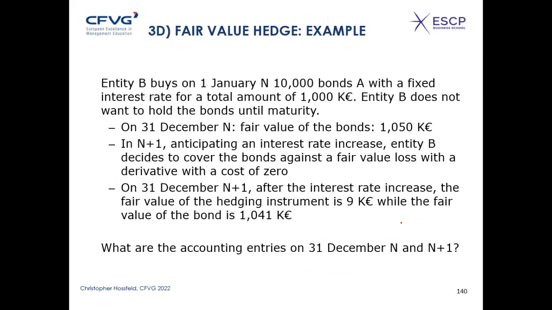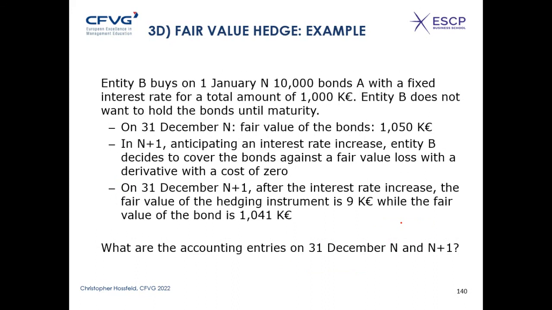So here we don't specify which derivative. It could be an interest rate future, it could be a forward rate agreement that I sell. So different possibilities, but here we assume that the derivative has a cost of 0. Indeed, when I engage in unconditional derivatives such as futures, forward rate agreements, or swaps, there is no initial cost.